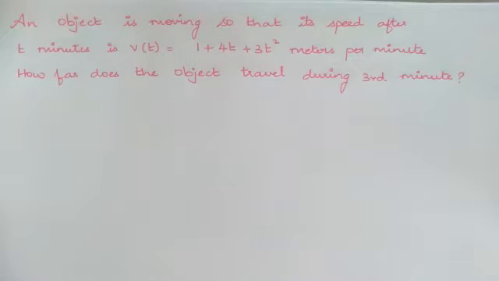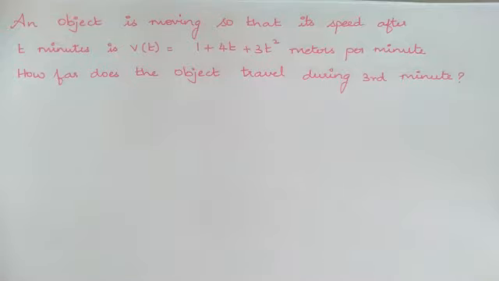We know very well that velocity is nothing but the derivative of the displacement. So we can identify the displacement by integrating the velocity. After identifying the displacement, that is from one position to the other position, the object has traveled a certain distance.